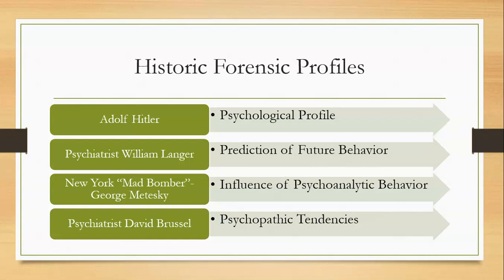It was also a forensic psychology milestone because the Mad Bomber case was widely regarded as one of the first successful uses of criminal profiling in a major criminal case. Brussel used a combination of behavioral clues, the way the bombs were made, the method of communication, and psychological insight to generate the profile that he created of the Mad Bomber. And I think the most important thing about David Brussel was the accuracy of the criminal profile that he created, particularly the prediction that Metesky would be wearing a double-breasted suit.